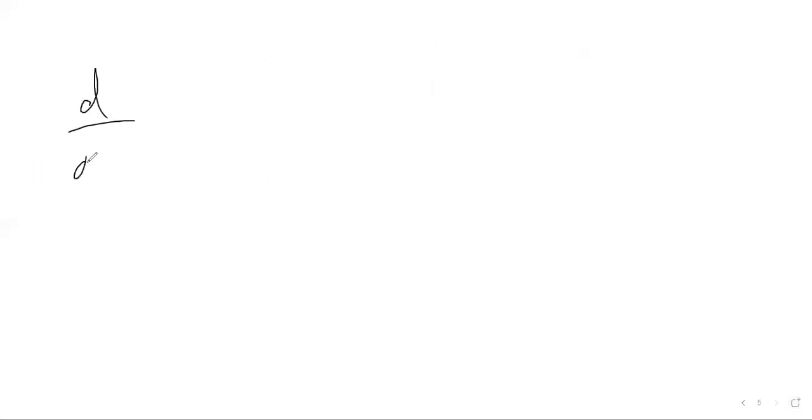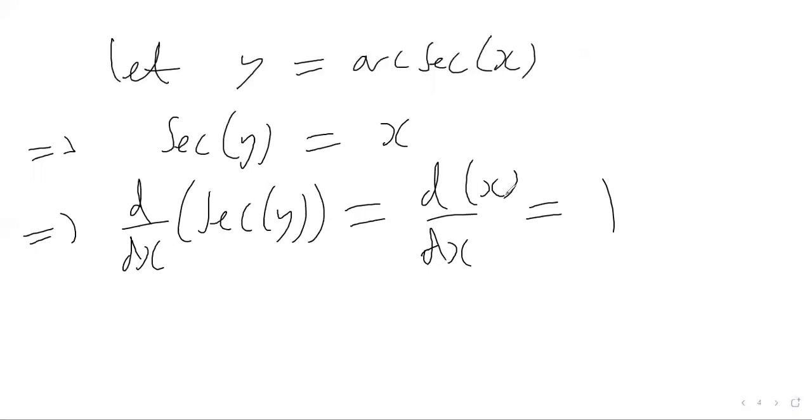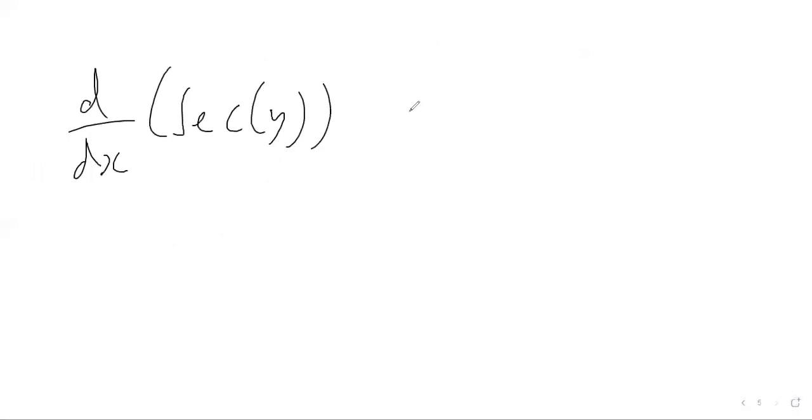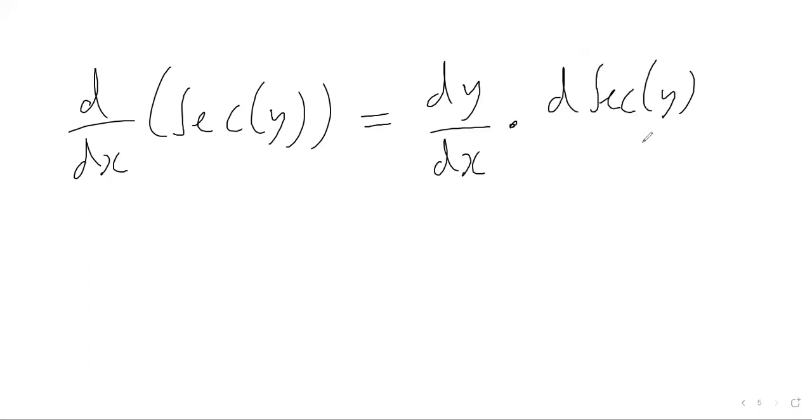Now we can use the chain rule to differentiate this sec y. We've got a function of x, because y is a function of x, as we know from here, namely arcsec of x. Our chain rule says that we take the derivative of the function inside the sec function with respect to x and multiply that by the derivative of sec of that function with respect to that function.